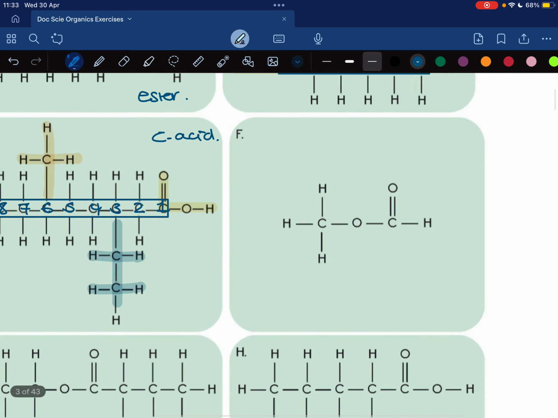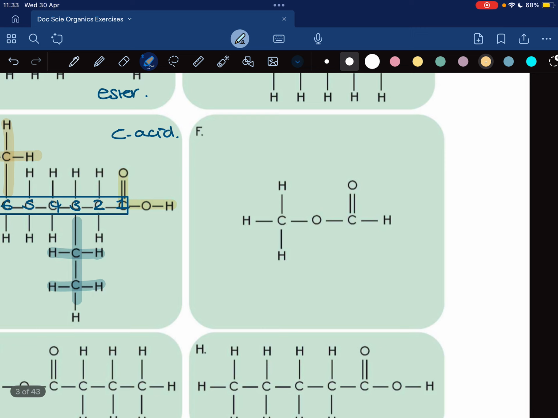Okay, then if we look at F, it has a double bond and single bond oxygen, so in the middle. So we can see that with this particular one, it is going to be an ester.